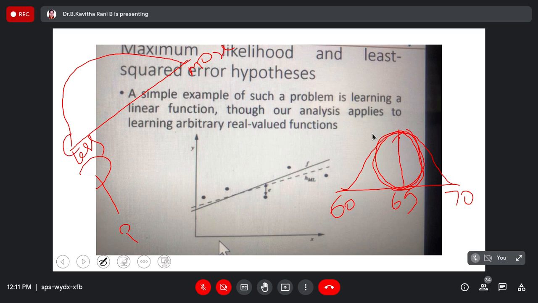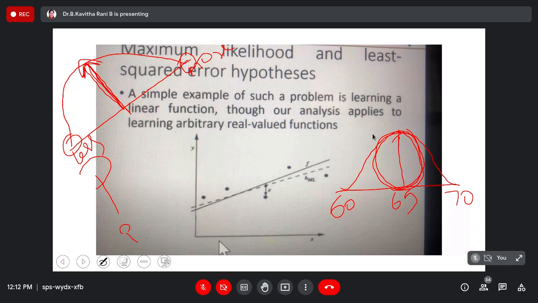This is less weight and this is more weight. మధ్యలో యావరేజ్ గా ఉన్న వాళ్ళు చాలా మంది ఉంటారు. Most of them will fall in between, at average weight. Okay, so this is called normal distribution.